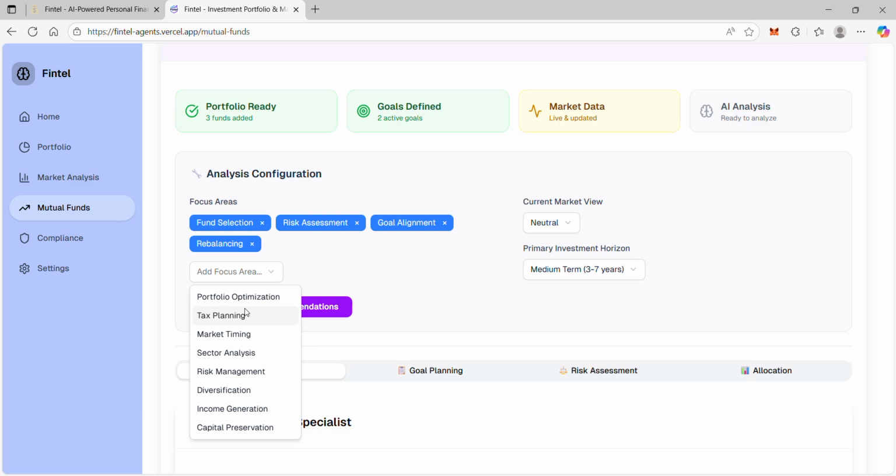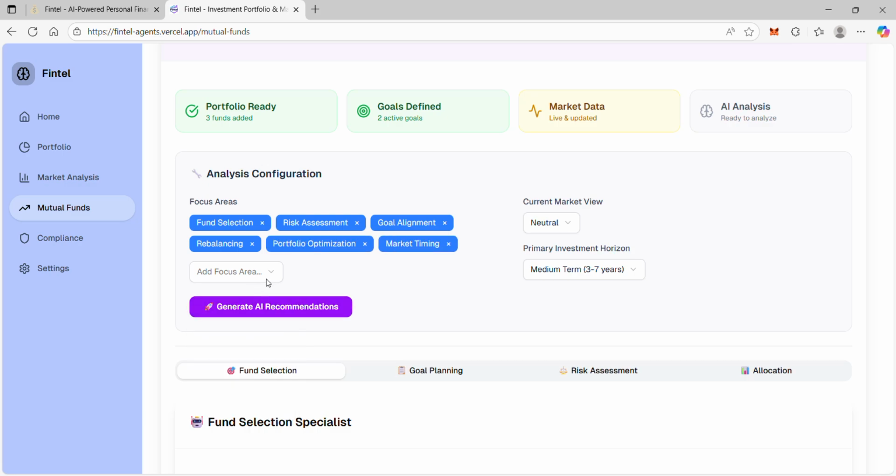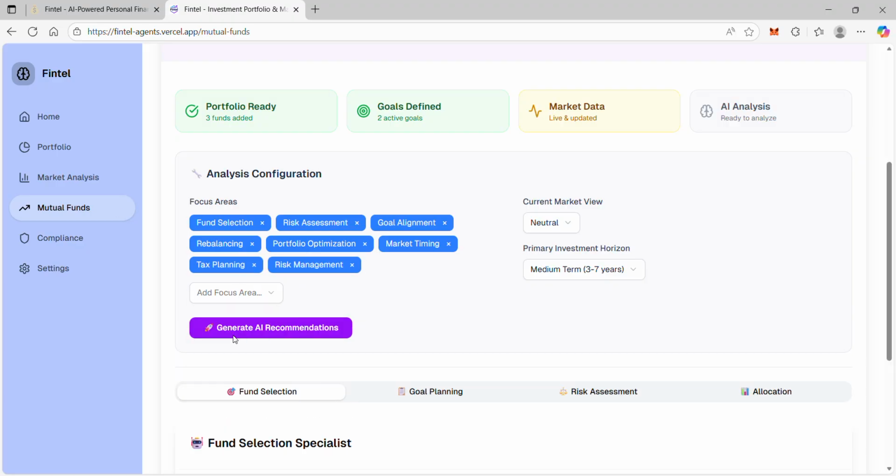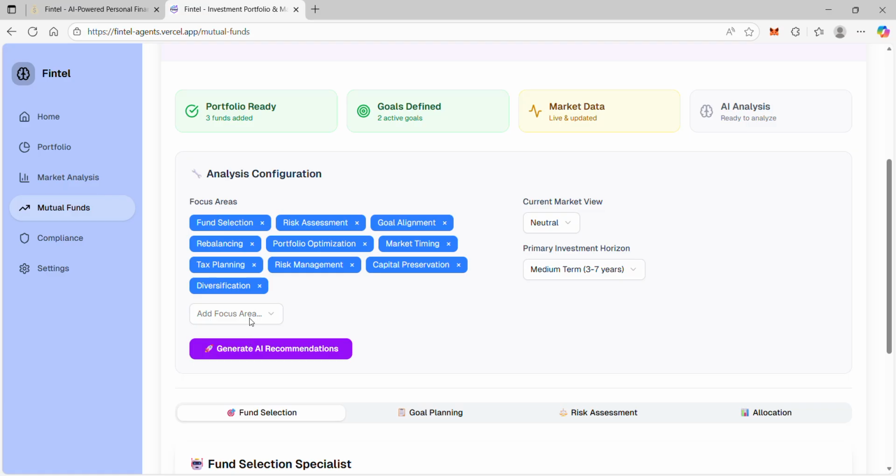So this has a certain task or objective functions which you are passing to the agents, which are going to perform all these tasks. It is advised you select just 3 to 4, not this many.